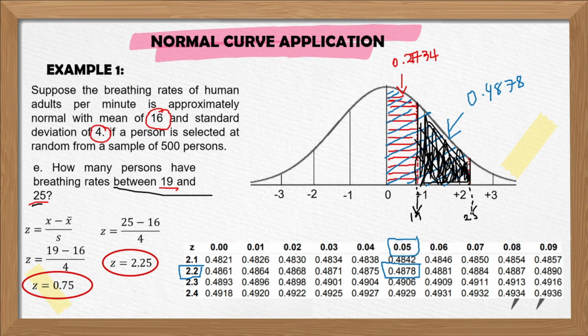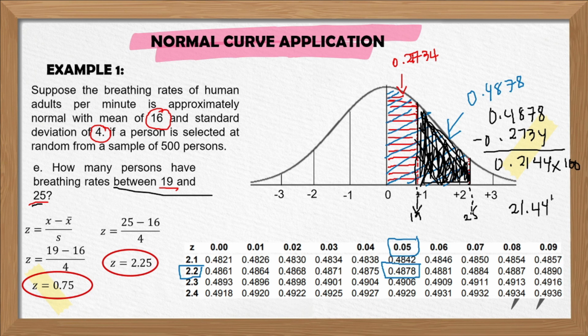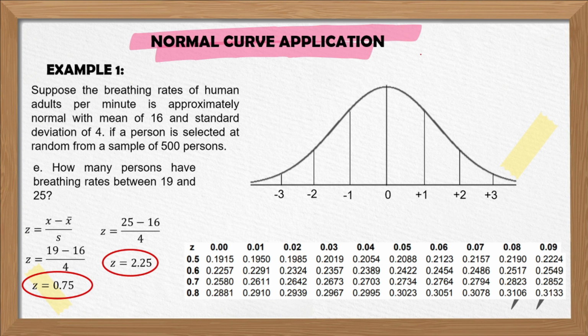All we have to do is subtract the two areas. So, 0.4878 minus 0.2734. The answer is 0.2144. Multiply by 100, so we have 21.44%. So, that is the probability of persons who have breathing rates between 19 and 25. Okay, ang tanong sa letter E is how many persons?